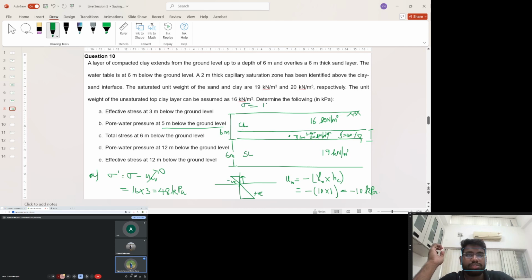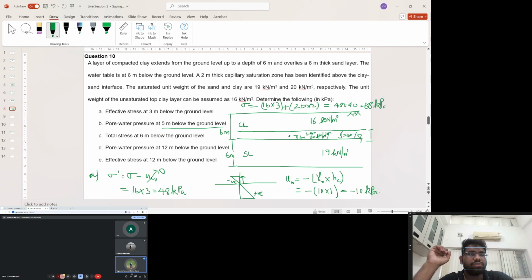It will be 16 into 3 plus 20 into 2, so 48 plus 40, which will give you 88 kPa.